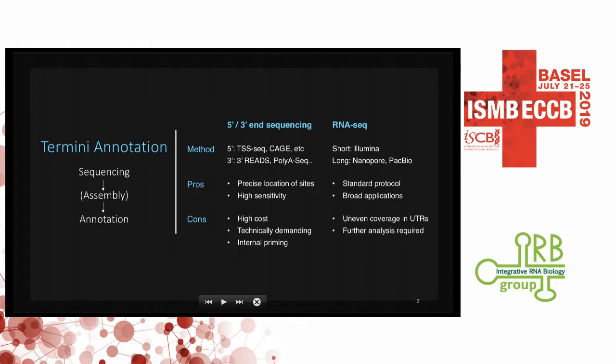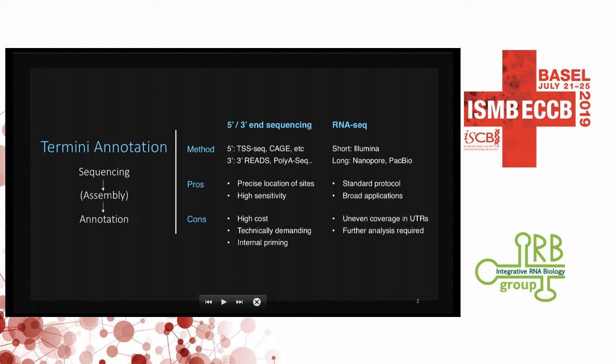So generally, there are three steps involved in the terminus annotation. First, the sequencing, and then depending on the sequencing technology we're using, assembly may or may not be needed, and then the annotation. Generally, there are two types of sequencing technologies. One is 5' and 3' targeted sequencing.